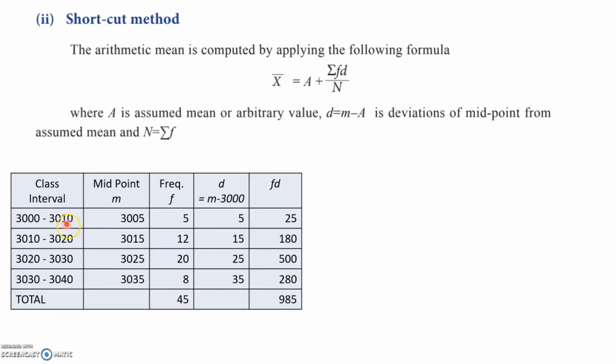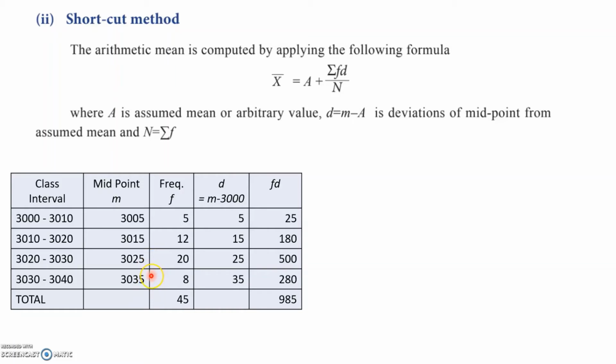First, we're going to take the midpoint of each of these class intervals, like we did in the previous method. The midpoint for 3000 and 3010 would be 3005. So you have all the midpoints here: 3005, 3015, 3025, 3035.